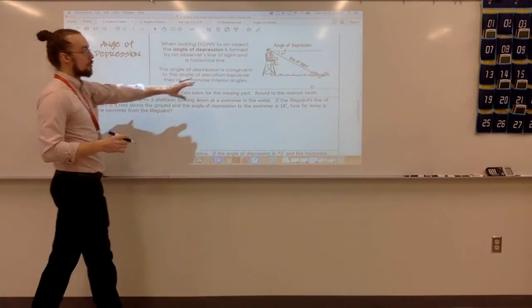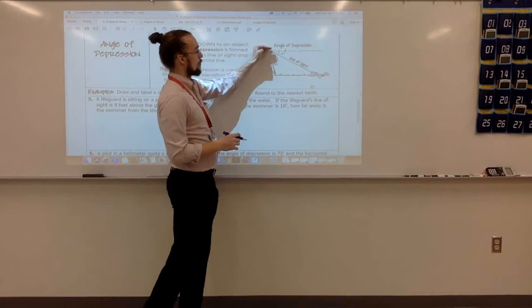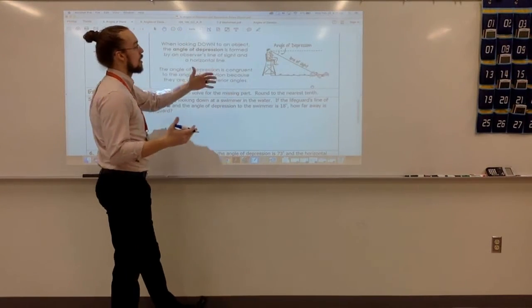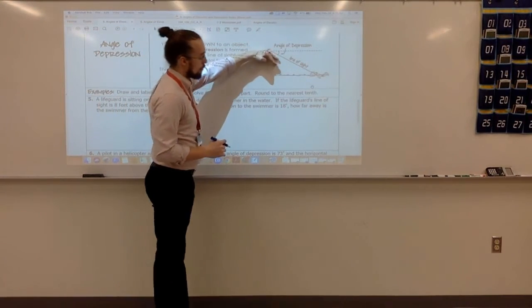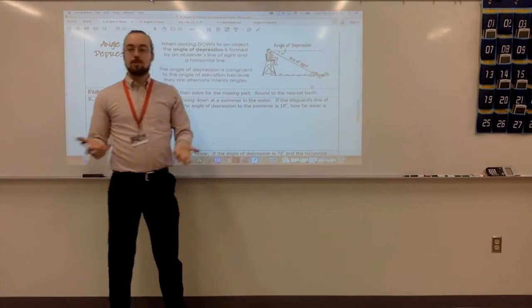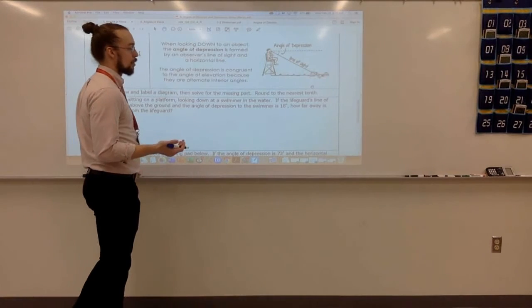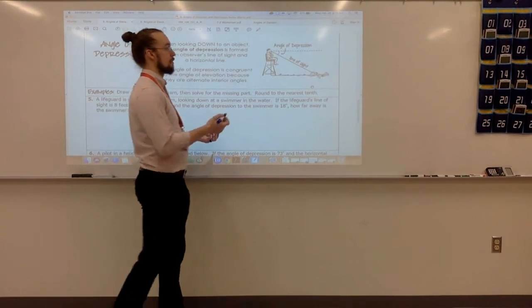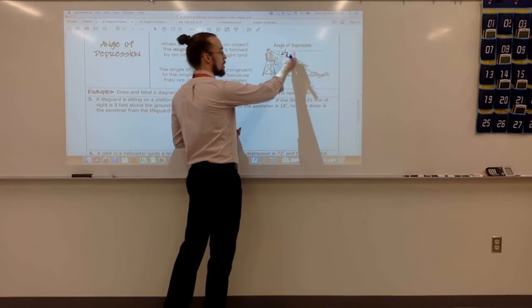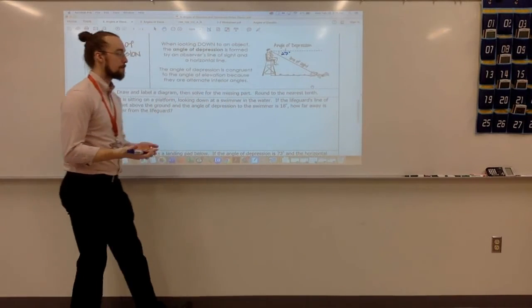So in a picture like this, if we've got a lifeguard sitting up high, the angle of depression would be the angle that he's looking down at a swimmer in the water. So if we're told that his angle of depression is 27 degrees, that would be this angle up here. Okay?